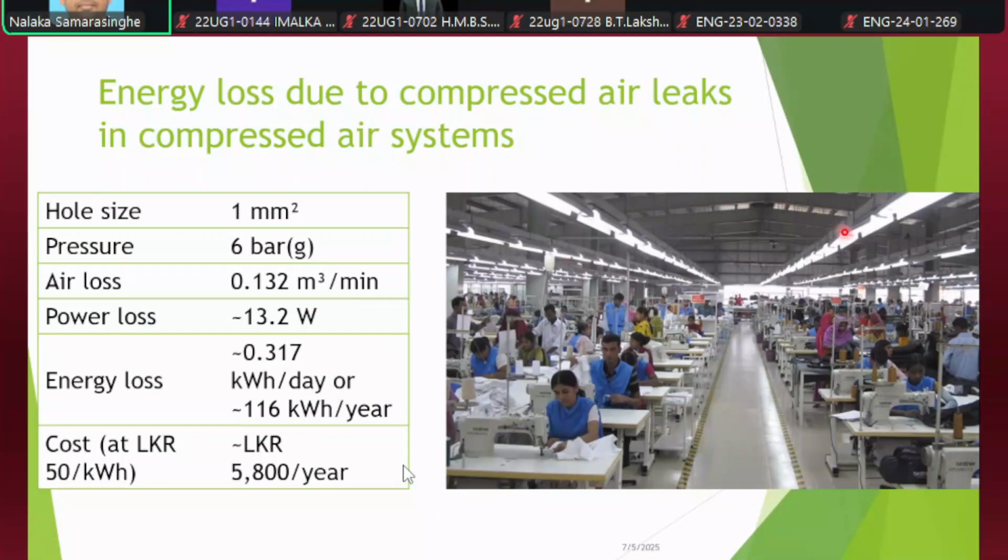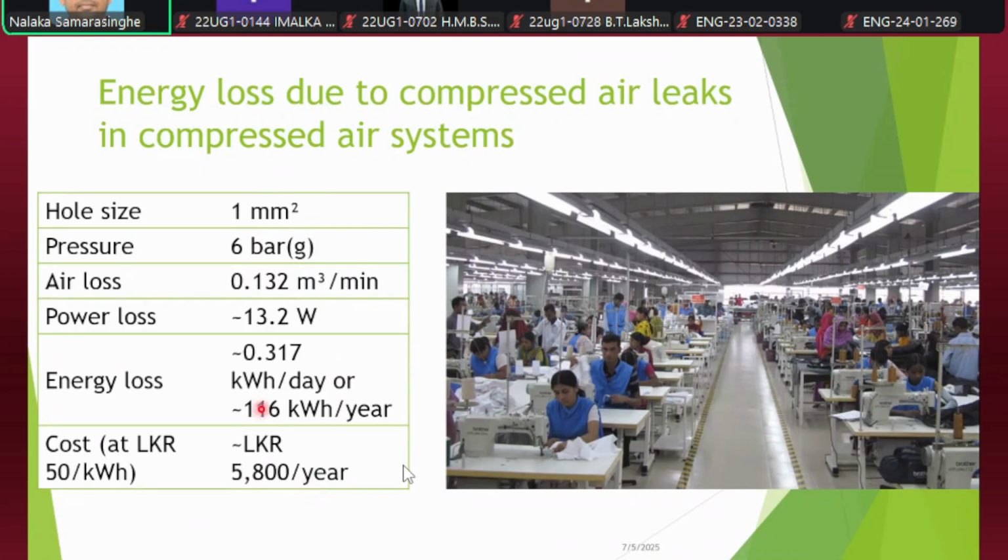If you consider a large factory like the one you see here in the image, there are many machines running on compressed air, and therefore there can be a large number of leakages. Considered as a whole, the total loss due to compressed air leaks will be immense.